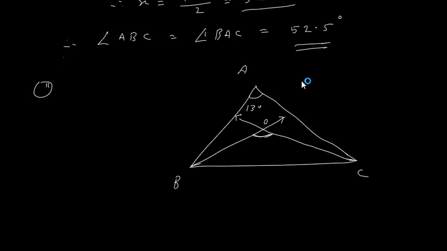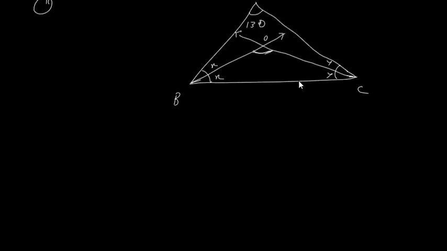This total angle is 130 degree. Let us say this complete angle B is 2x degree. So they are x, x, as this is an angle bisector, and this total angle C is 2y, so they are y, small y. And as the sum of the three angles of a triangle is 180 degree, we can say that 2x plus 2y plus 130 is equal to 180 degree.